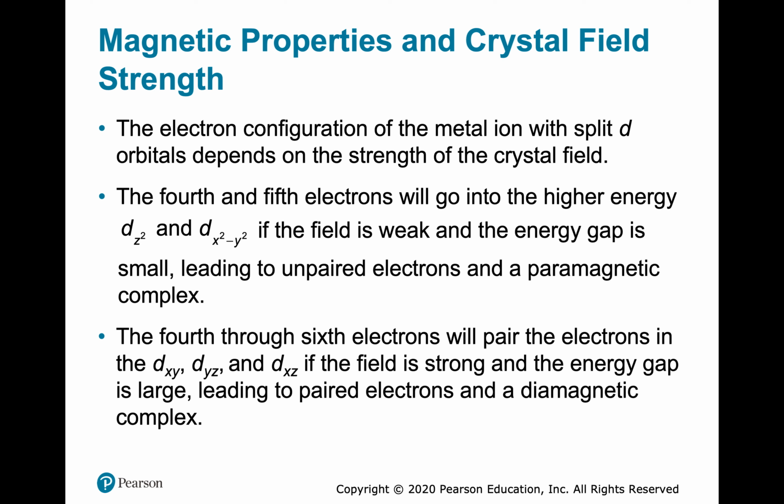Not Hund's rule, I'm sorry, the Pauli exclusion principle. You have Hund's rule, and you start with the low going up. If it's a big split, it's going to fill the lowest orbitals and stay in the lower ones. If it's a small gap, it'll go into the higher one. A small gap is known as high spin. A big gap is known as low spin.